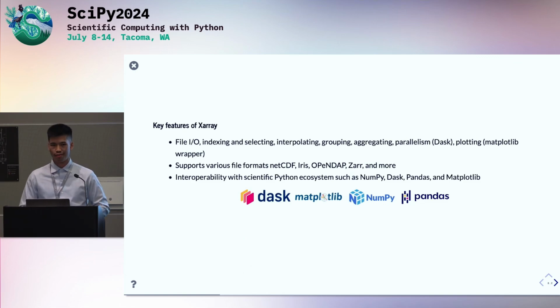Key features, so I'm not going to go through this extensively, but file I/O, grouping, parallelism, some of the core things we were looking for from the get-go. And then it supports NetCDF, Iris, and OpenDAP, and it's also interoperable with a ton of tools in the scientific Python ecosystem. So if you need to use other tools for different scenarios, you could easily do that in Xarray and then convert over to another tool.